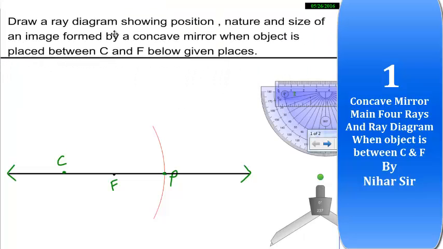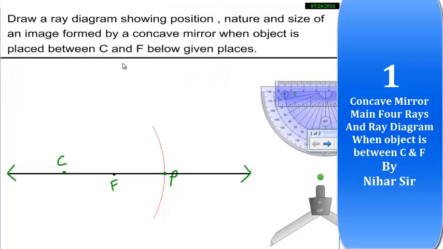I need to put the object between C and F. So I will put my object over here, anywhere between C and F. It does not mean exactly between C and F, but anywhere between C and F. And if I want to draw the ray diagram for this, I can pass any 2 rays. Remember friends, to form the image you need minimum 2 rays. You can pass more than 2 rays, but you cannot pass less than 2 rays. Minimum 2 rays required.